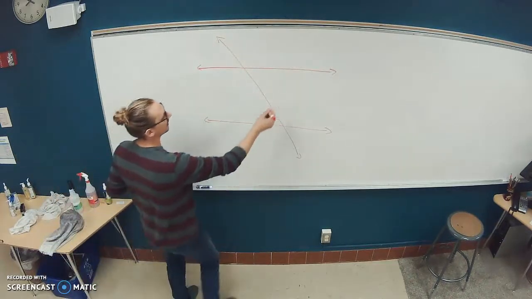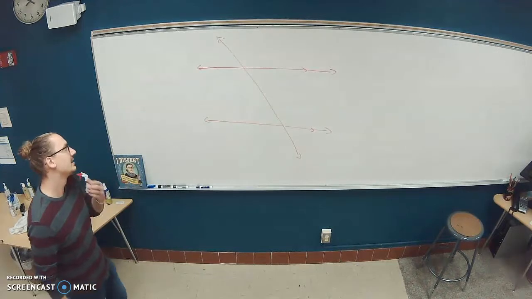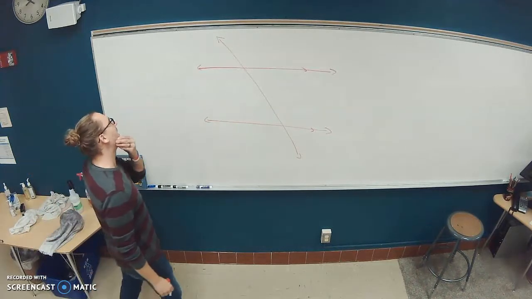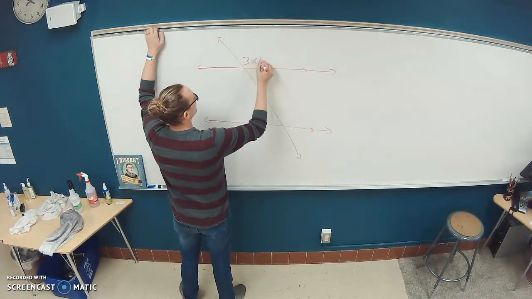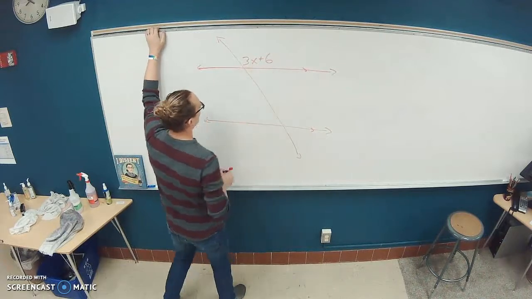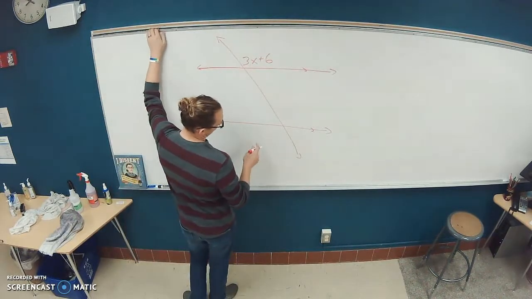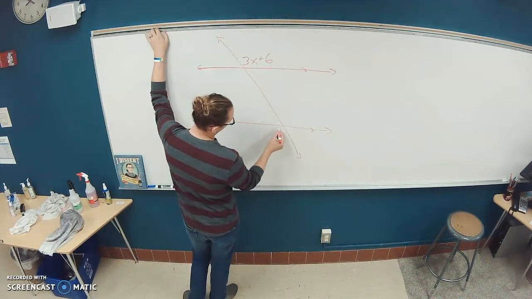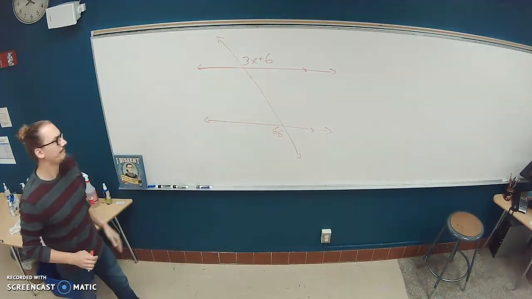So actually mark this parallel. So two parallel lines and a transversal. If I say, let's do like a 3x plus 6 right here, and let's let this be 66 down here. Okay?